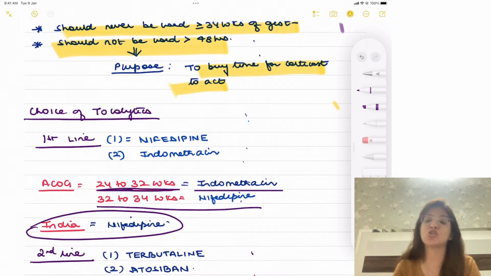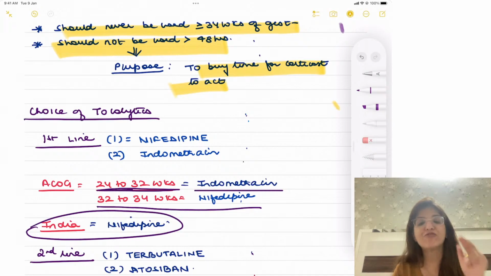Why indomethacin is not used beyond 32 weeks is because it leads to premature closure of the ductus arteriosus. That is why between 32 to 34 weeks, the tocolytic of choice is nifedipine. Right? So we have two first line tocolytics, number one indomethacin and number two nifedipine. In India, it is nifedipine.